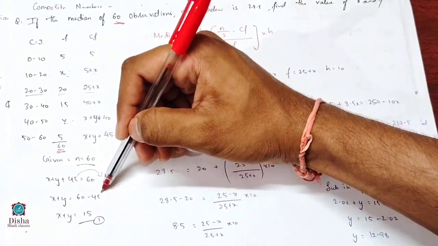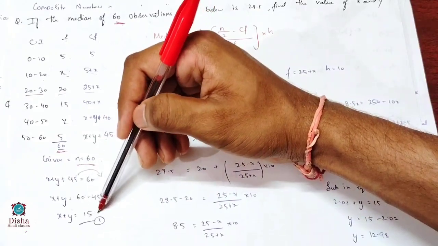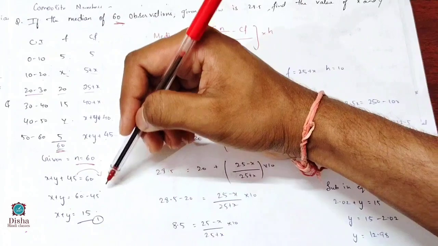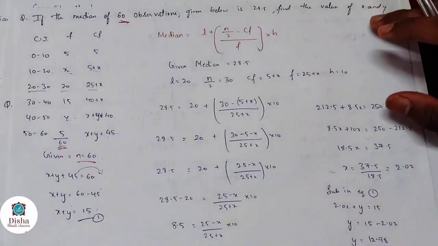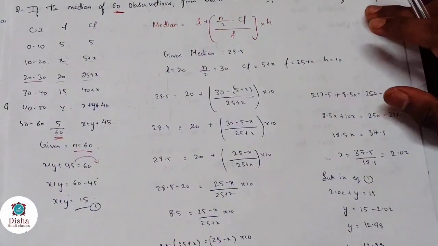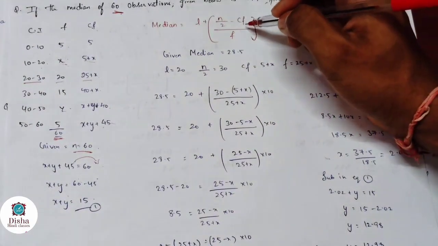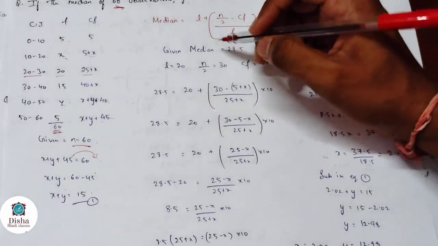X plus y equals 60 minus 45, and x plus y becomes 15. So this is the first equation. We will be using it to solve the problem at a later stage. So now we have the median formula as L plus n by 2 minus CF by F into H.